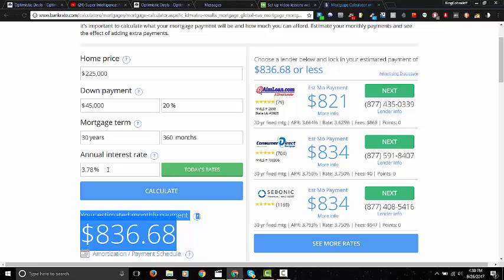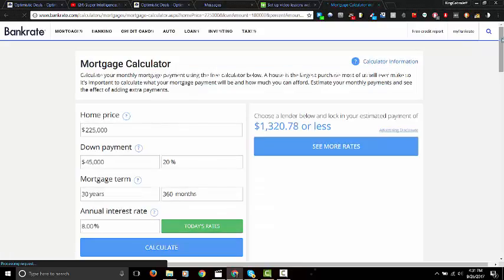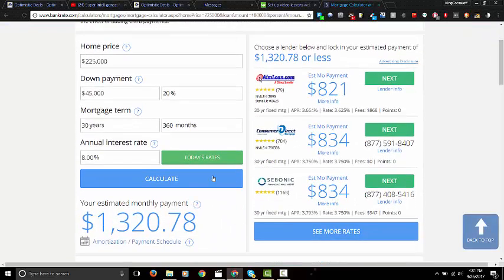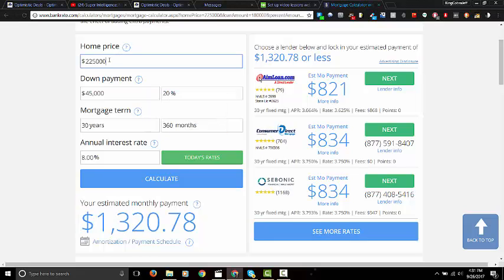Now, if you wanted to sell it to somebody else using owner's finance, the difference would be that you would increase the rate. When you do this, you will see that obviously the amount changes. This is what you would potentially profit if you sold it to somebody else. Obviously, you can change the numbers depending on the property type.